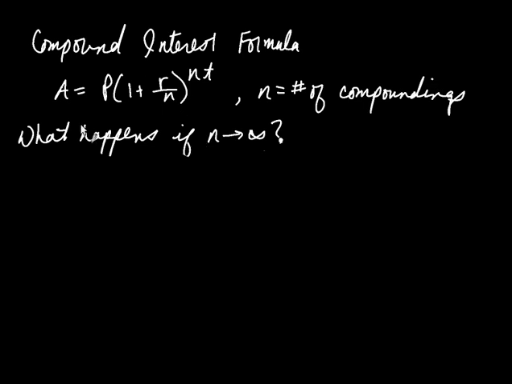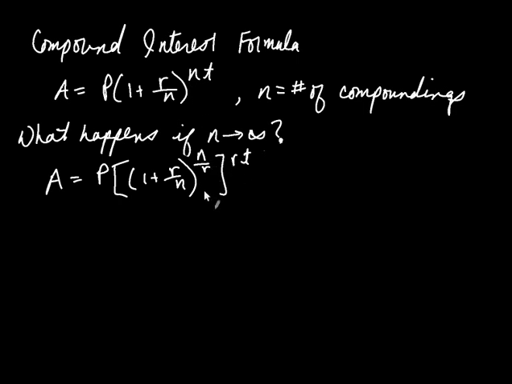Let's explore that. Let's first write this in the following way. A equals P multiplied by 1 plus r over n raised to the n over r, and then raise that to the rt. These are the same because you can see that the r's would cancel out and you'd have what we started with.